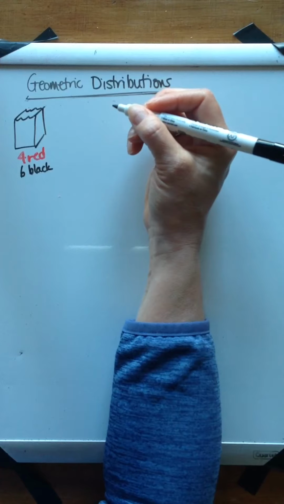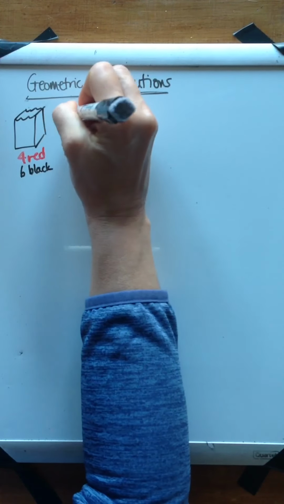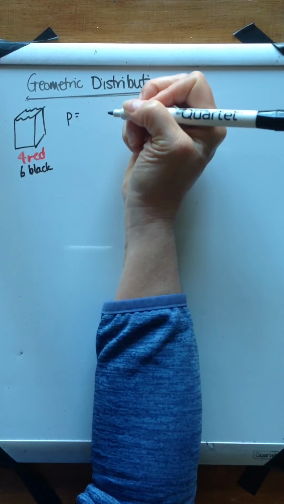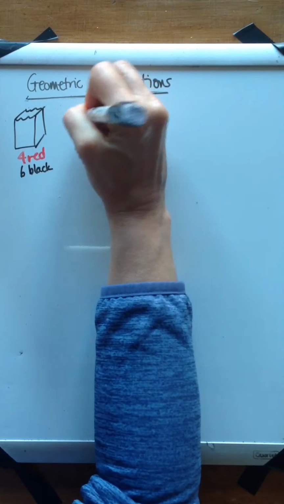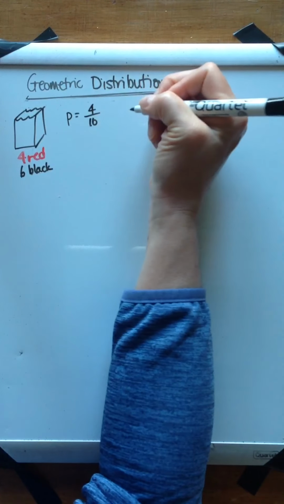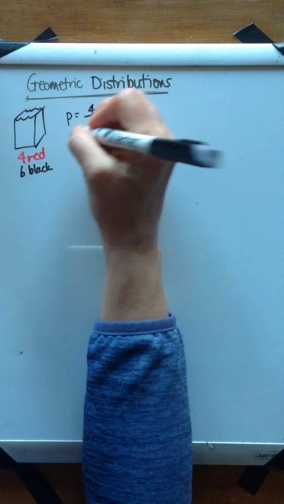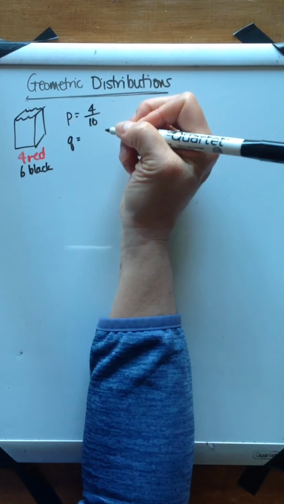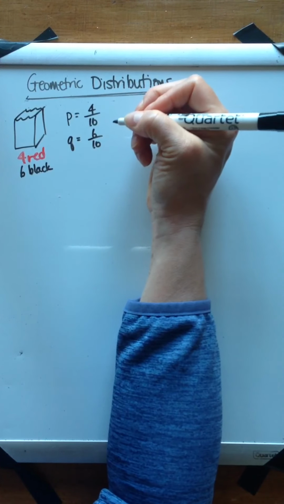Okay, so let's first of all list out our variables. Our probability of success of getting a red nib: there's 4 of them and 10 altogether. So our probability of success is 4 out of 10. You could reduce that down if you want to 2 out of 5. I'm going to leave it here for now. That means our probability of failure would be the remaining 6/10, or getting the black nibs, right?